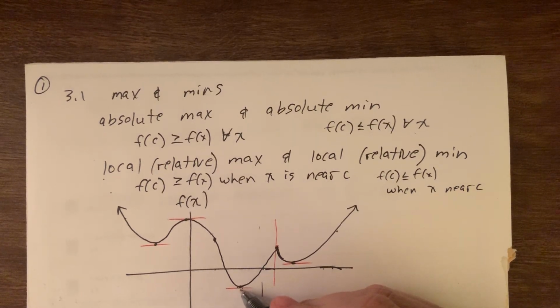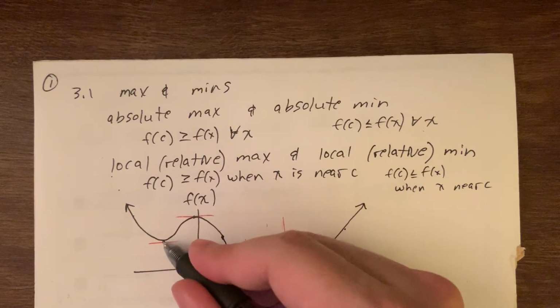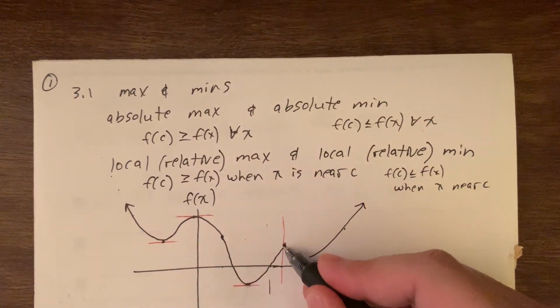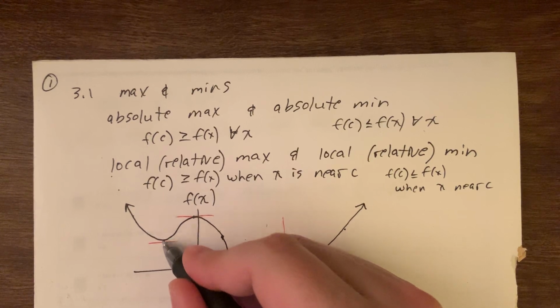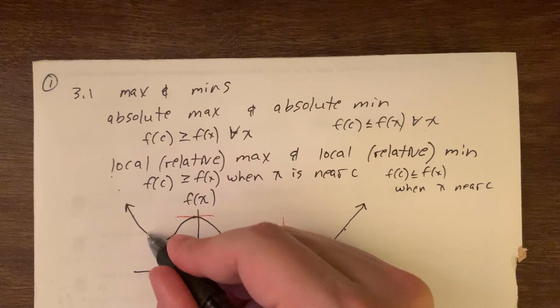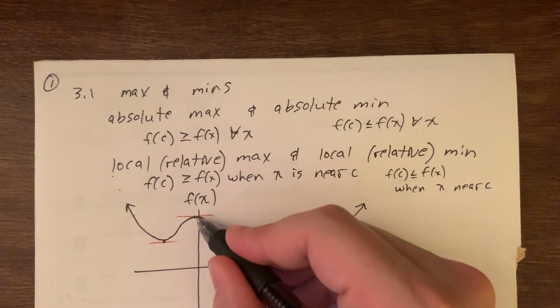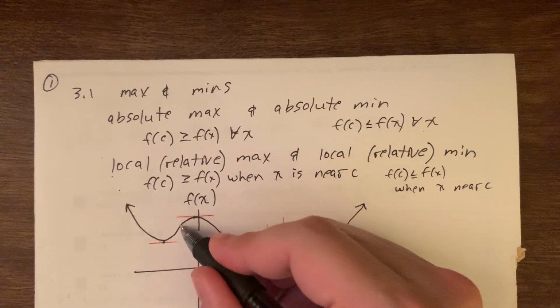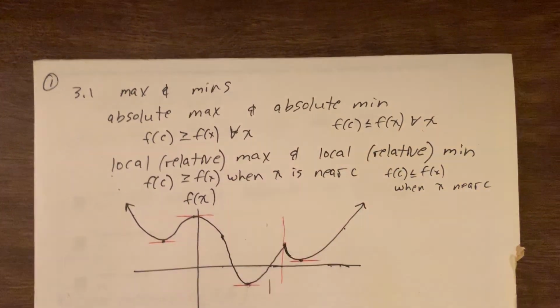Now this happens to be the lowest point on the entire function, so let's go to a place like this. This point is actually higher than this point, but this point is a local minimum. Because if I go left and right of this point, all the points that surround it are all above this point. This point would be considered a local maximum, because all the points immediately surrounding it left and right are below this point.